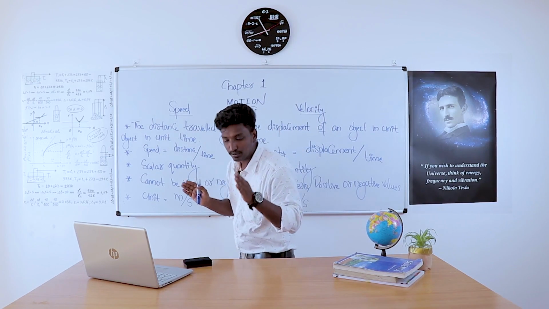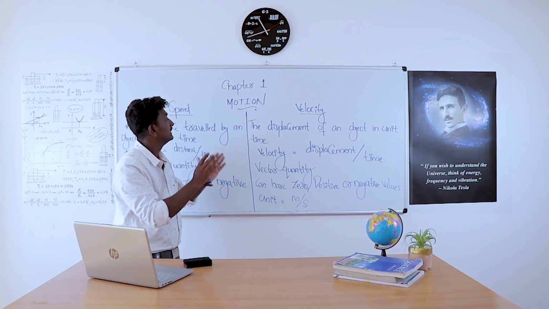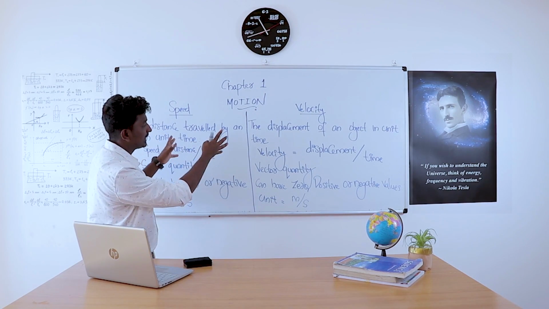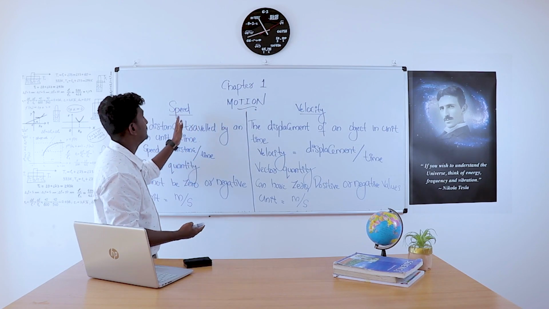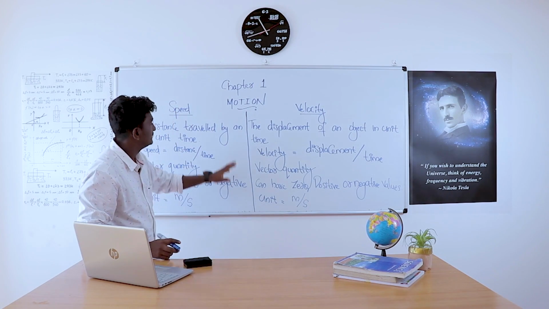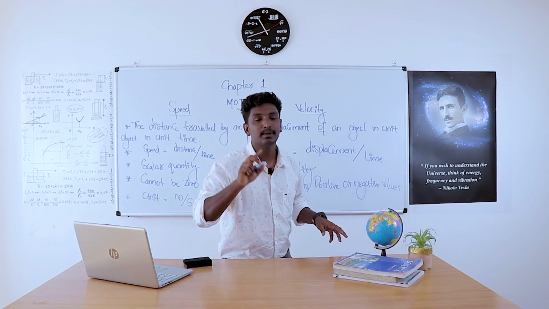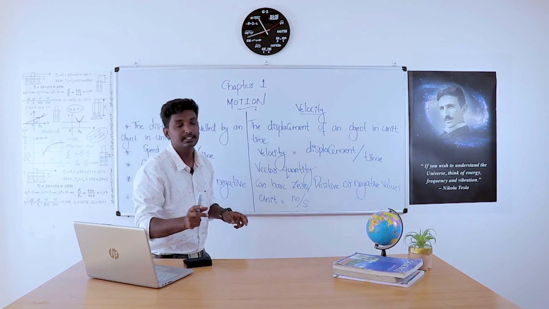If you get a question, differentiate between speed and velocity, like what we said in the difference between distance and displacement, you can construct this table. Just look at the table. Speed is the distance traveled in unit time, and velocity is the displacement in unit time.